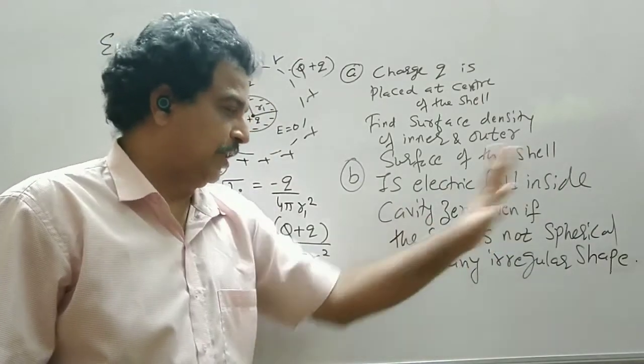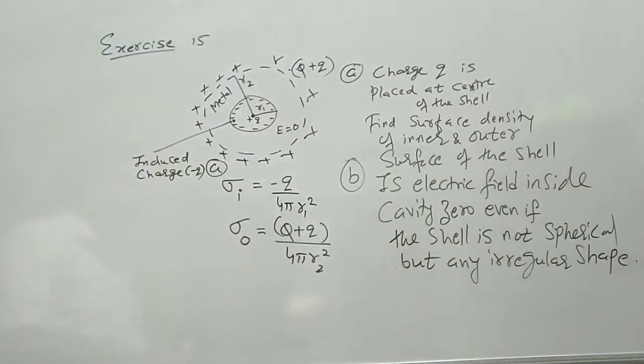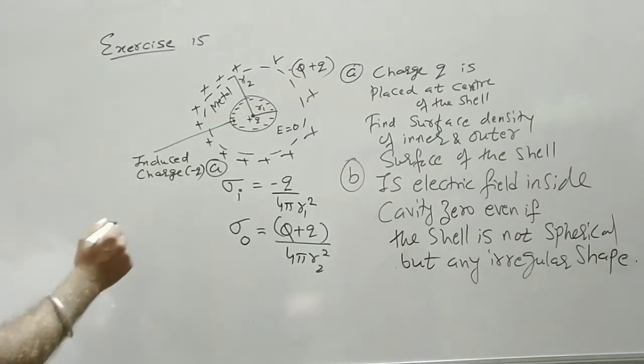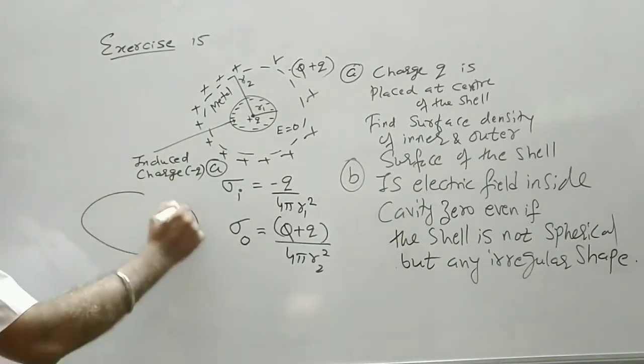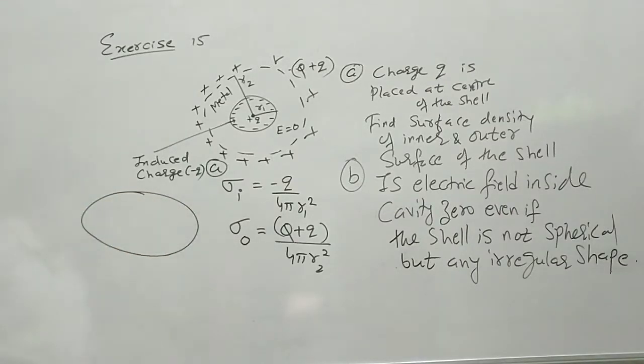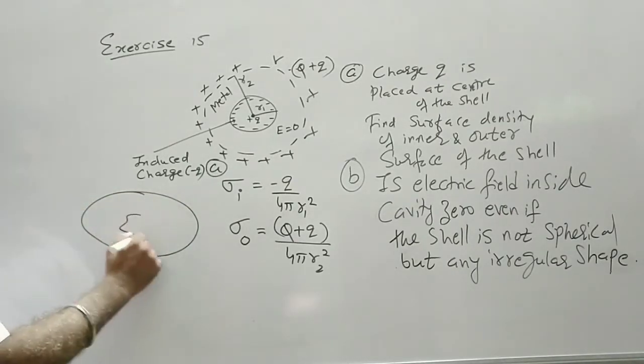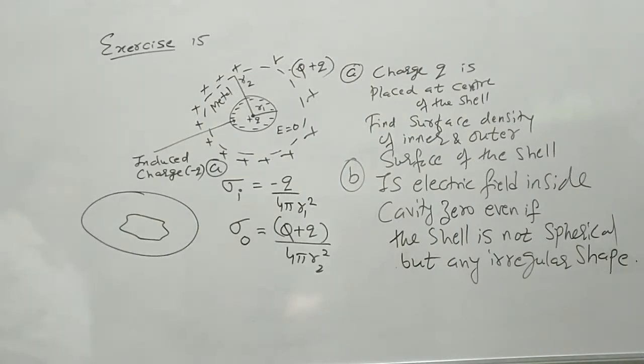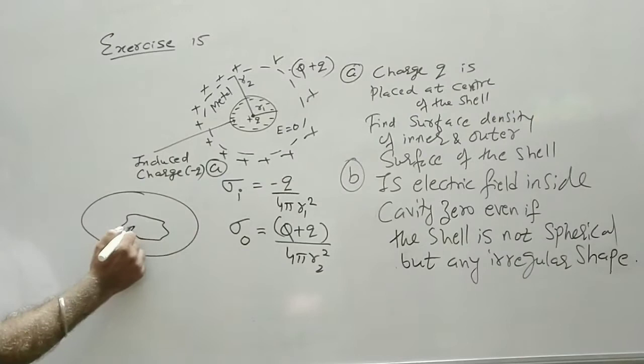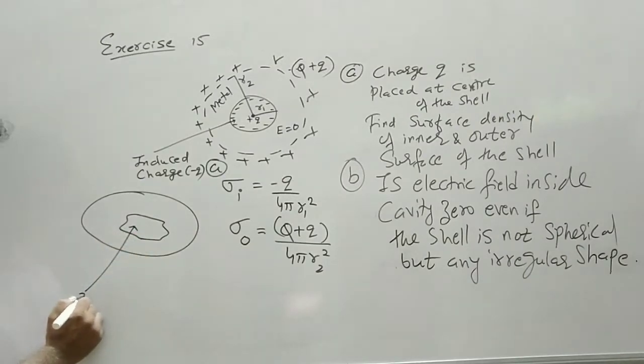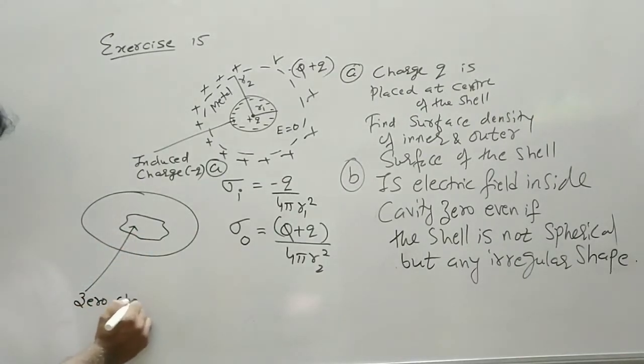even if the shell is not spherical but of any irregular shape? Now let us consider an irregular shaped shell, and inside it the cavity is also irregular shaped. Here we don't have any charge, so it is 0 charge, no charge.